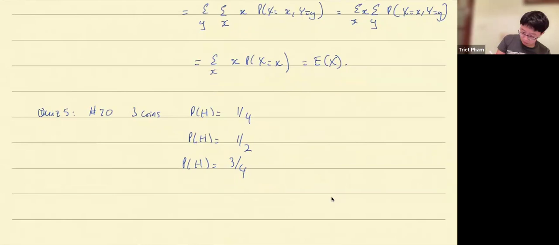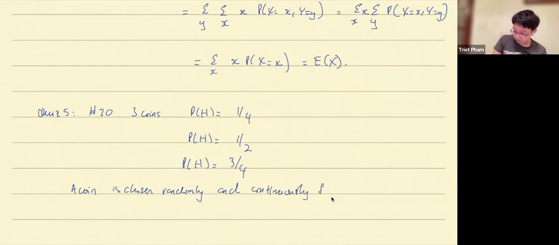So a coin is chosen randomly among these three and continuously flipped. All right.